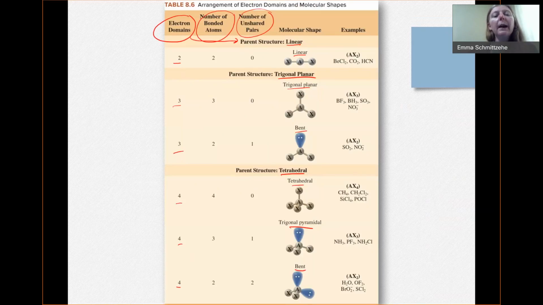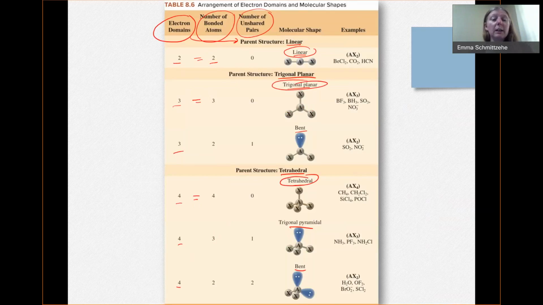So if the number of bonded atoms is equal to your number of electron domains, then your molecular shape is the same as the parent. Here, it's 3 equals 3. It's the same name for the molecular shape when you have the same number of bonded atoms as electron domains, meaning everything is attached to an atom.